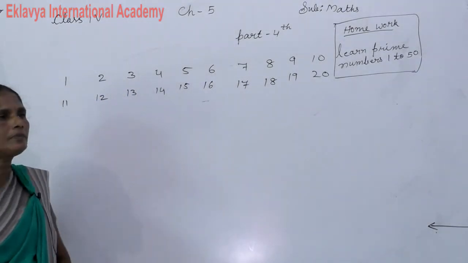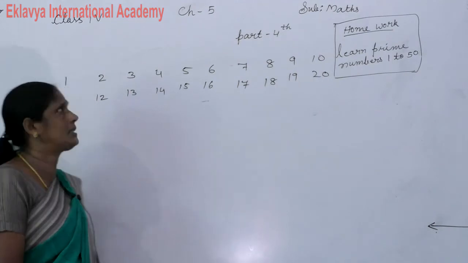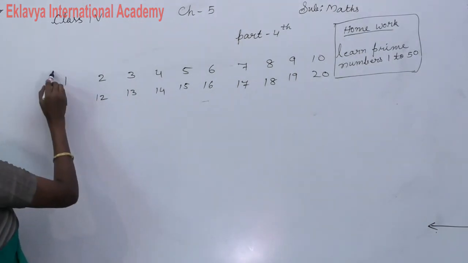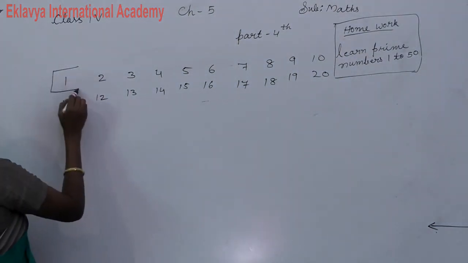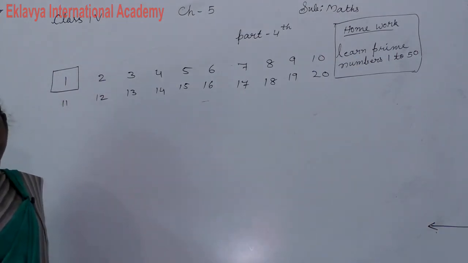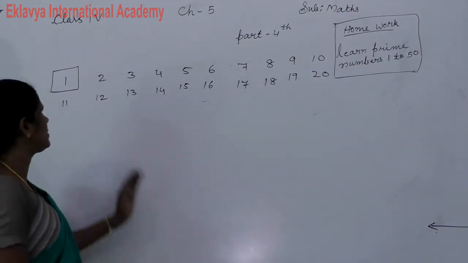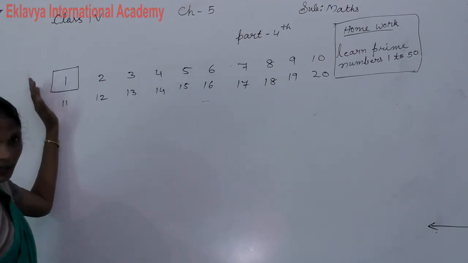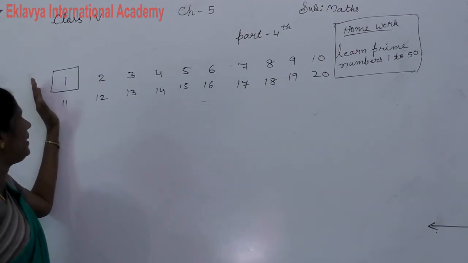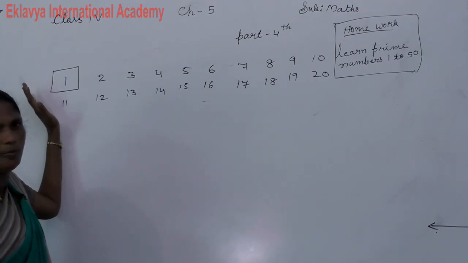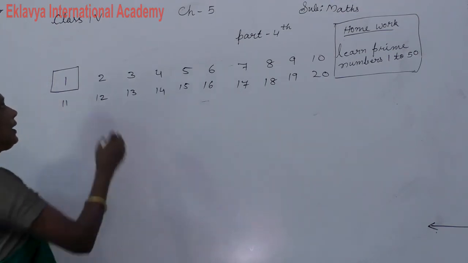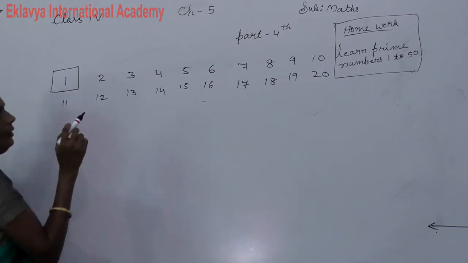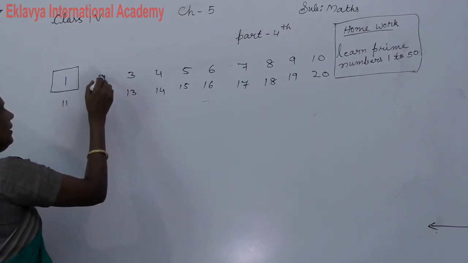Then you take some colors. First you put a square around the 1 in red color. This is neither a prime number nor a composite number. Then you cross it in any color.